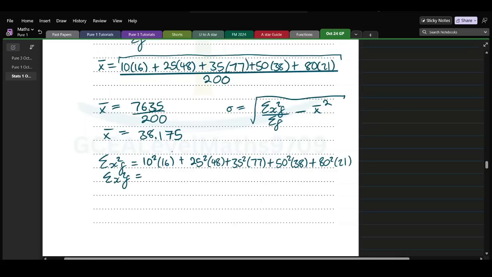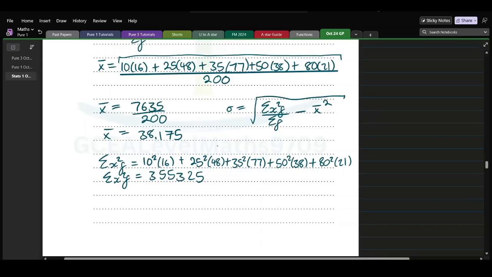This is 10 squared times 16 plus 25 squared times 48 plus 35 squared times 77 plus 50 squared times 38 plus 80 squared times 21, and this gives us 355,325.